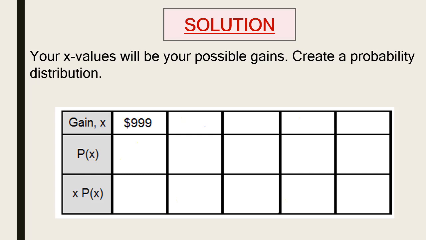For the $500 prize, the gain would be $499. For the $200 prize, it's a $199 gain. For the $100 prize, a $99 gain. And if we get a losing ticket, then that is a negative $1 gain.